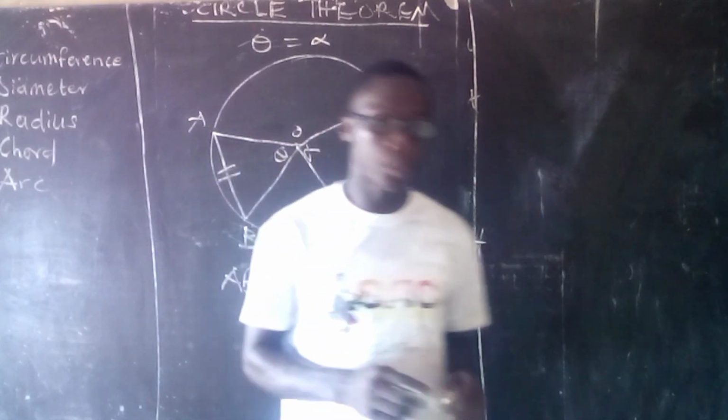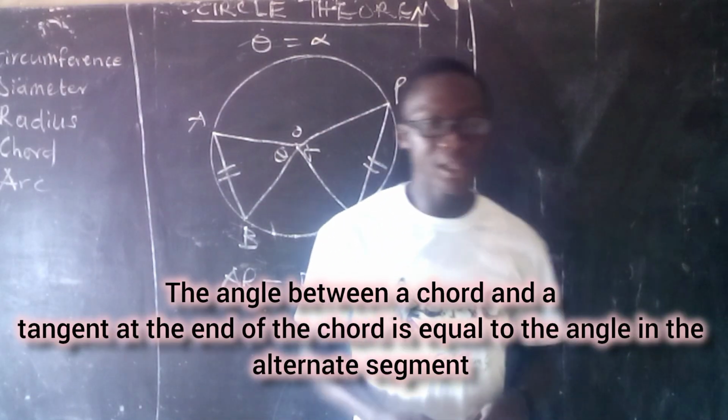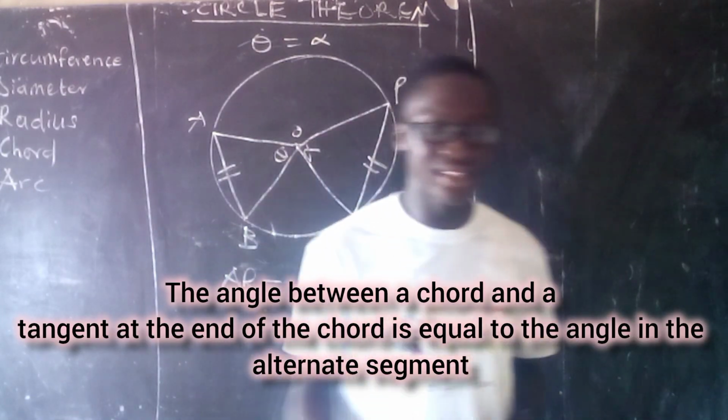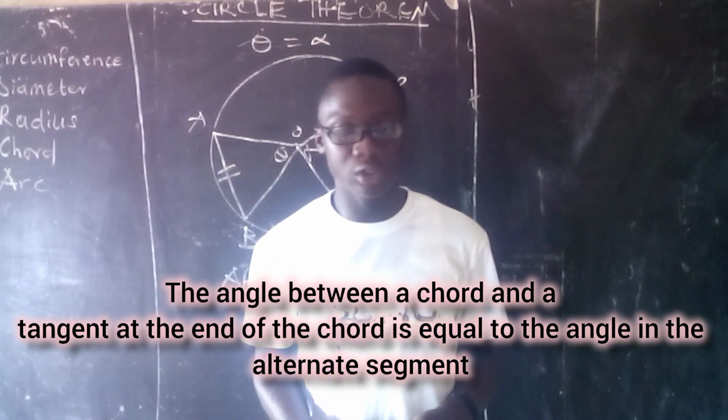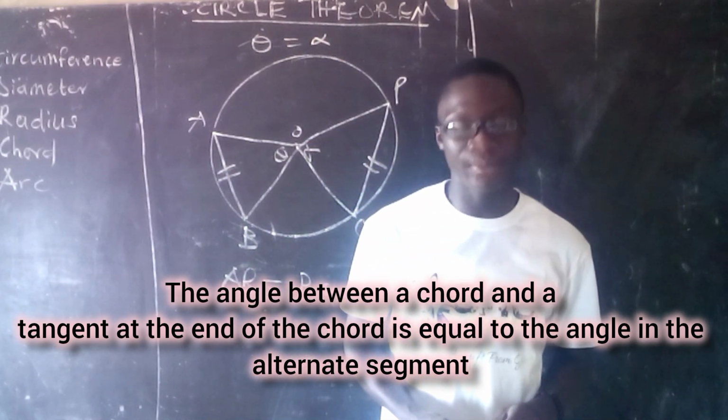Now the seventh property. The angle between a chord and a tangent at the end of the chord is equal to the angle in the alternate segment.